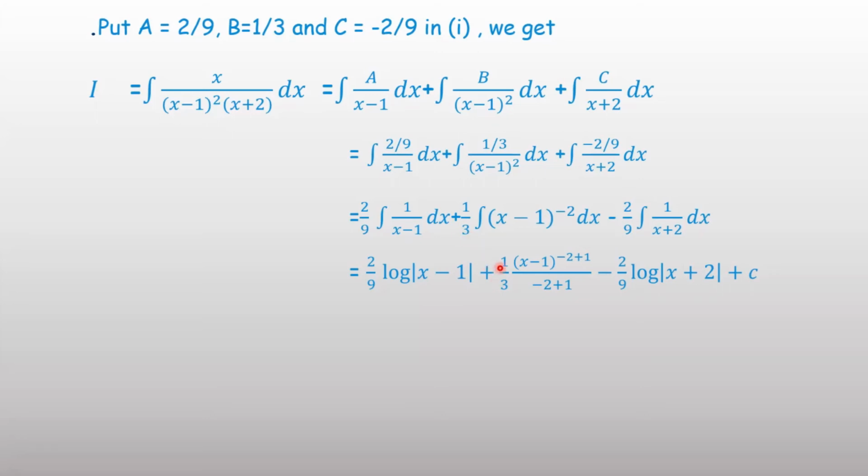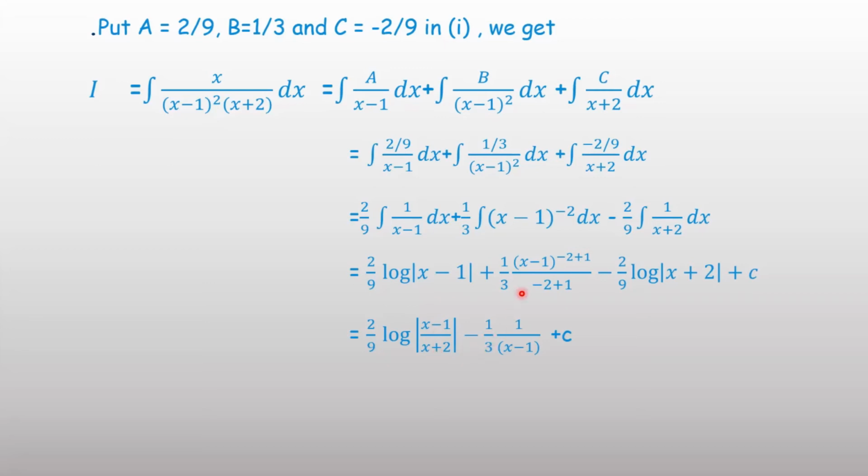plus 1 upon 3 (x minus 1) power minus 2. Apply the formula of x power n. Integration of x power n is x power (n plus 1) upon (n plus 1): (x minus 1) power (minus 2 plus 1) upon (minus 2 plus 1), minus 2 upon 9 log (x plus 2) plus a constant C. Next step, 2 upon 9 in first and third term take common, then apply formula log m minus log n is log m upon n.